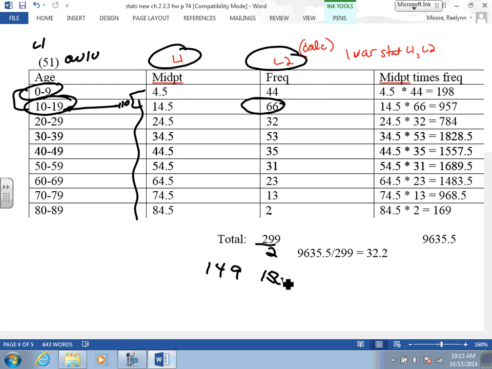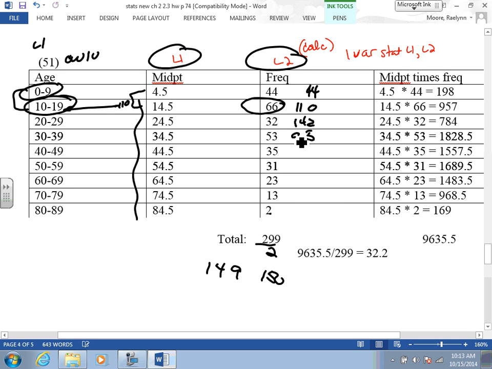You can add these down. Keep accumulating these until you hit the 150. And then you add another 53. So in this group right here is where your median is going to be. It's in that position. If you do it in your calculator, not a problem. It'll show you the median with the midpoint.